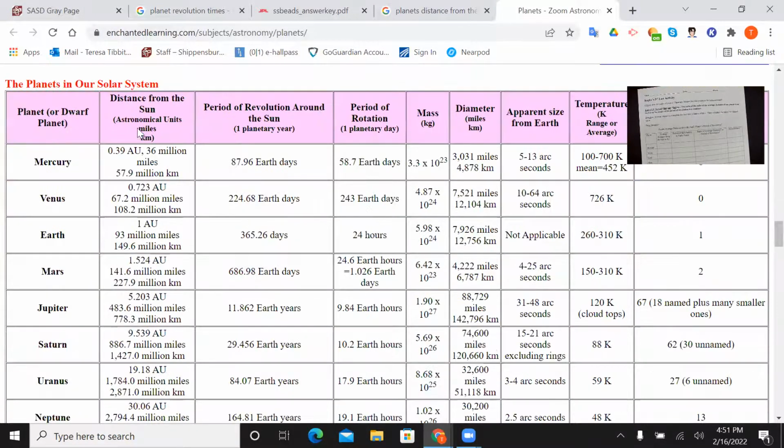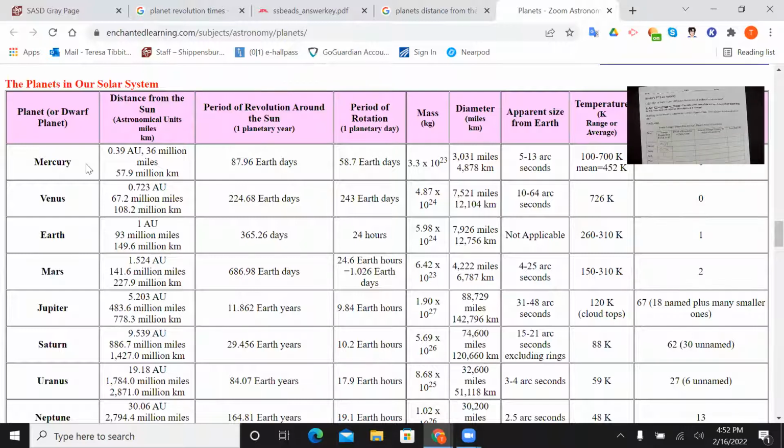There's a chart. So there we go. Distance from the sun in astronomical units. There's Mercury, Venus, Earth. So I'm just going to write them down while I'm looking at the screen here, and then you can see where I put them. I am not going to do them all. I am only going to do the first 3, and you can do the rest.